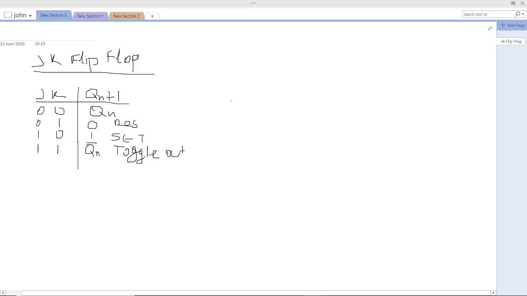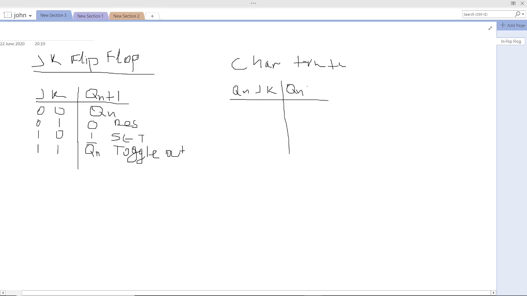Let's see also the characteristic truth table. Again, now instead of having only 2 inputs, we are going to have 3: the previous state Qn, J and K, and we are going to find out the next state.